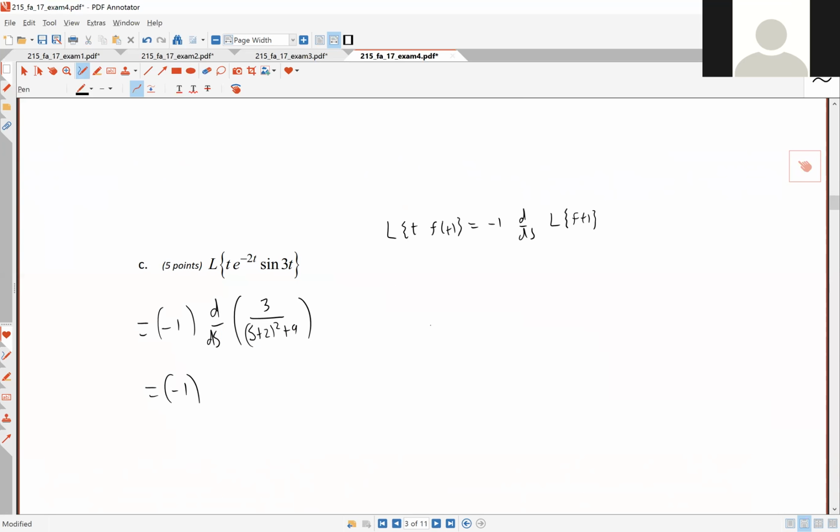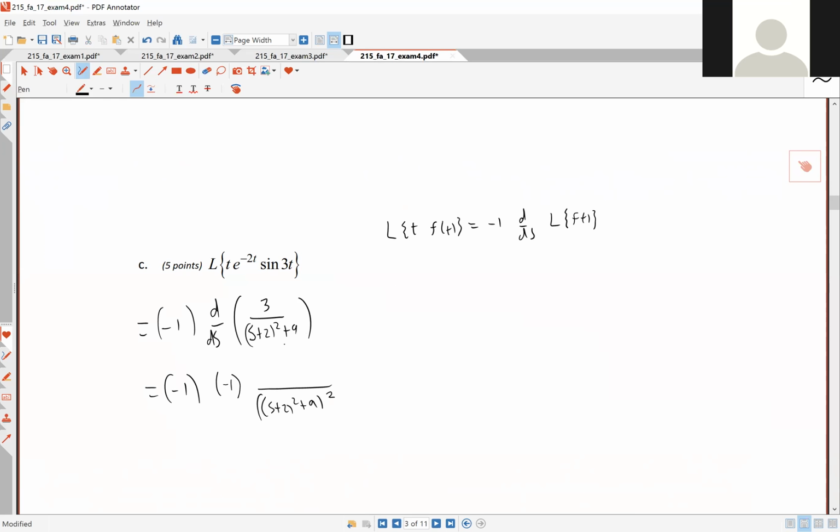And the derivative of that is, the denominator is the negative 1 power, so I bring a negative up, and subtract 1 from it, which makes it a 2.